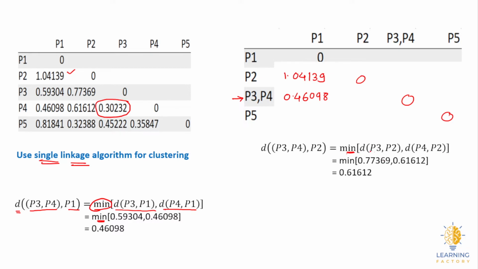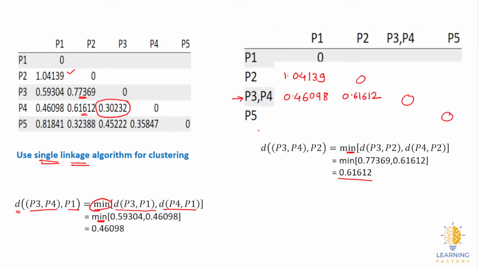The distance between P3 and P2 is 0.77369, and between P4 and P2 it is 0.61612. The minimum of that, so the distance between P3, P4 and P2, would be 0.61612.